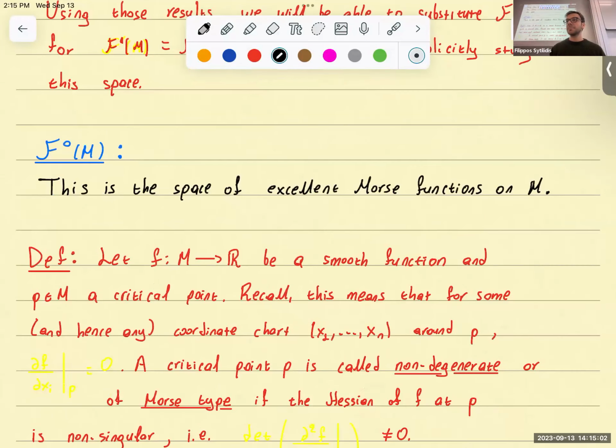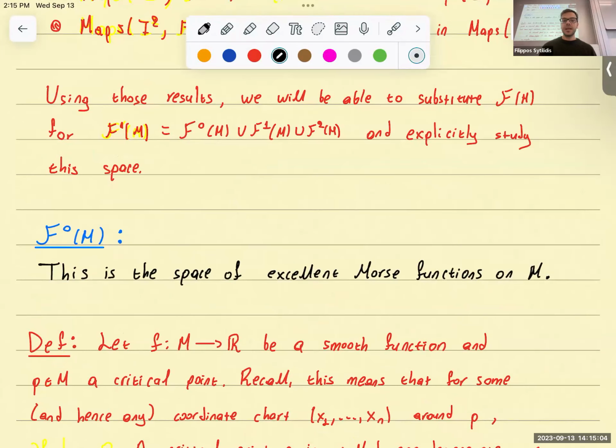Do you define the Fi's of M? Well, I'm going to define F0 of M right now. And then next time we're going to define F1, and the time after we're going to define F2. There is something general that one might say: you can actually build a filtration, construct Fi of M and filtrate the space.